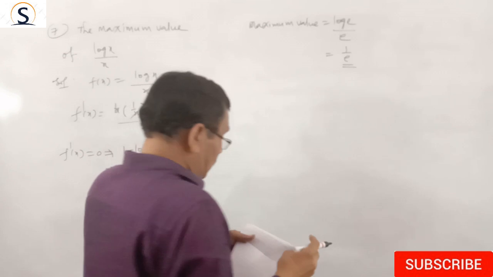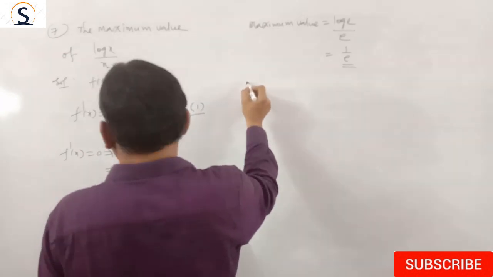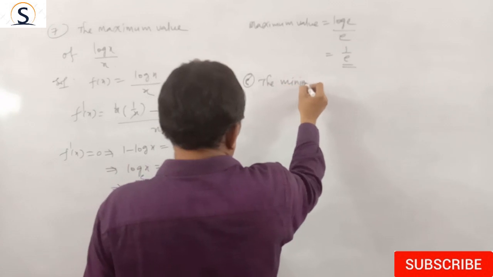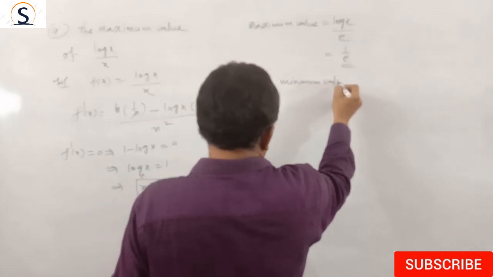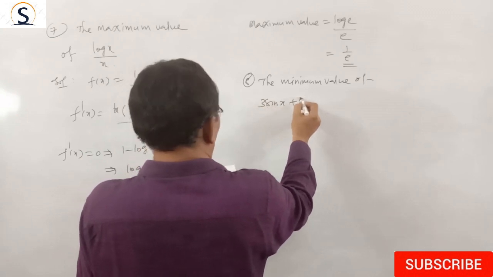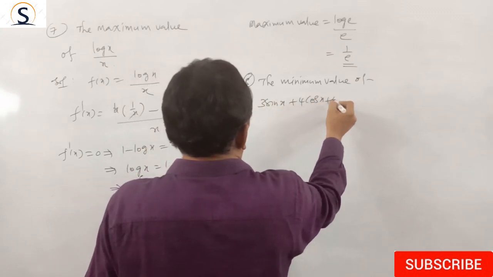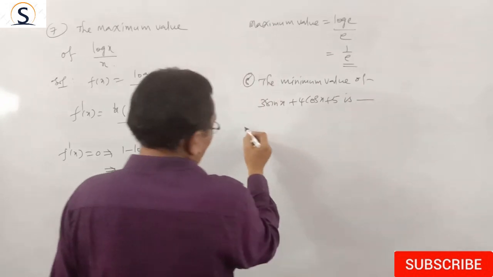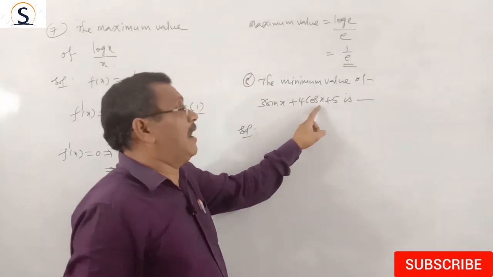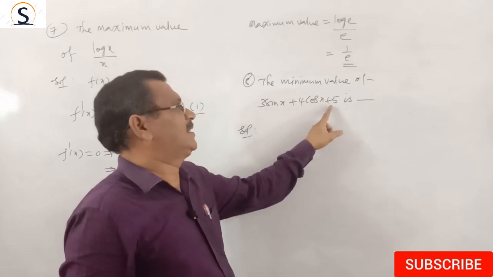Okay. Next, the minimum value, the eighth problem: the minimum value of 3 sin x plus 4 cos x plus 5 is dash. I told you, compare with the standard form a cos x plus b sin x plus c.